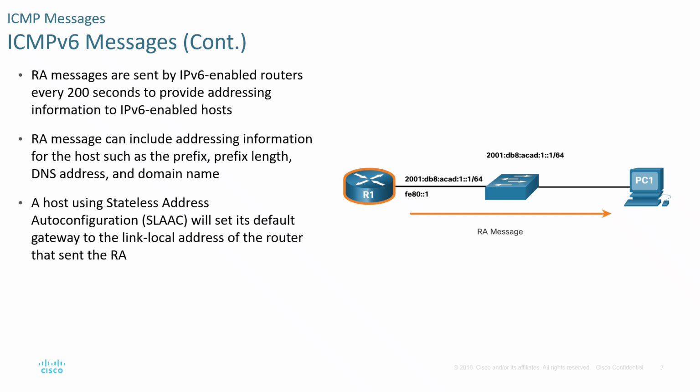So RA messages can include addressing information for the host, such as the prefix length, DNS address, and the domain name. A host that is using stateless address auto configuration, which again is the default, will set its default gateway to the link local address of the router that is sent by the RA.